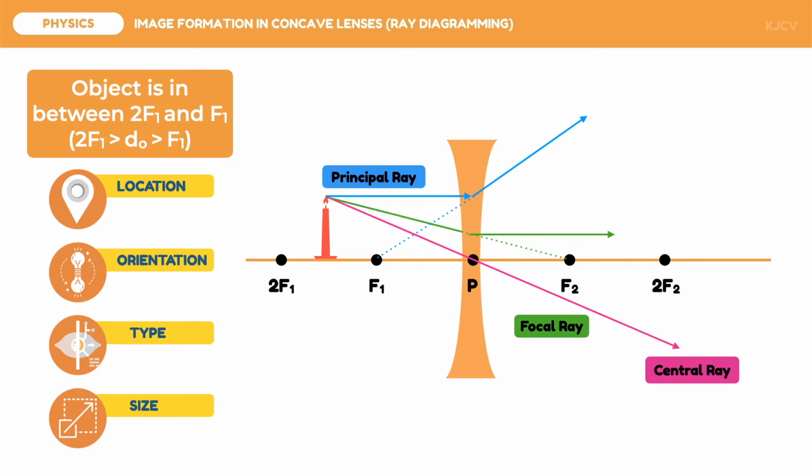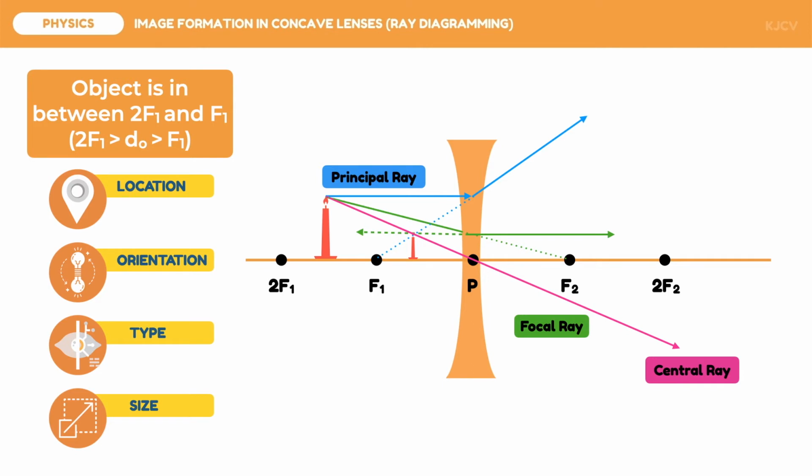As we can see from this diagram, only the guide of the refracted ray and the central ray have intersected. We can already consider this as our point of intersection, but we can still check its accuracy by extending the refracted focal ray. Now that the 3 refracted rays have intersected, we are sure that this is the location of the image. We can now describe the image.